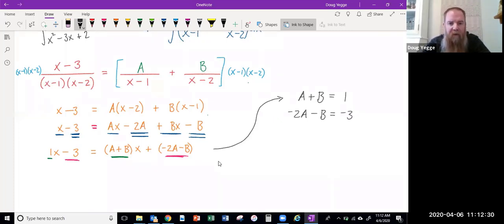Look through that process we just did to find what the separate numerators were going to be. Hopefully you can recognize our purpose: I can integrate any function over x minus 1 or x minus 2 really easily just by using a natural log function. So this is the process we're using to find what a and b actually are.